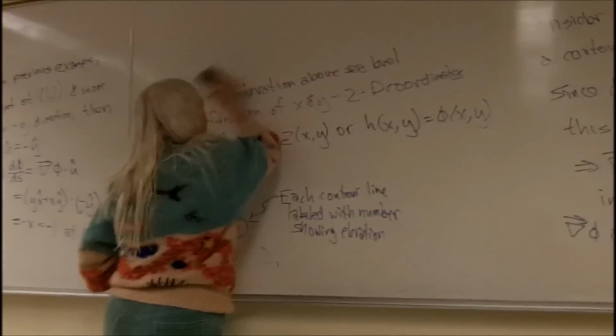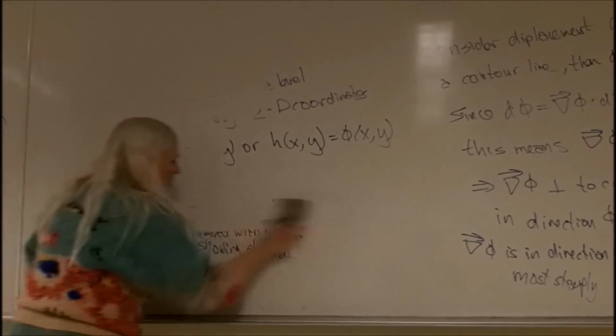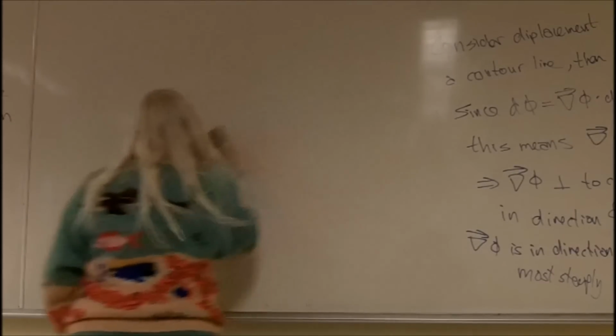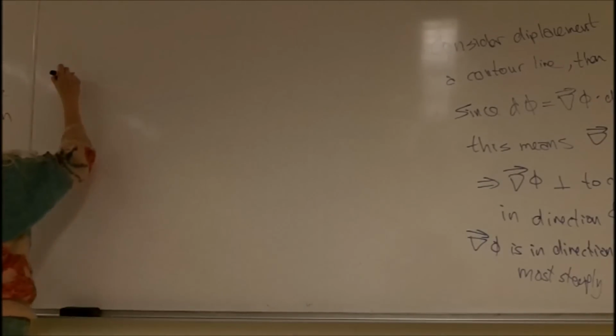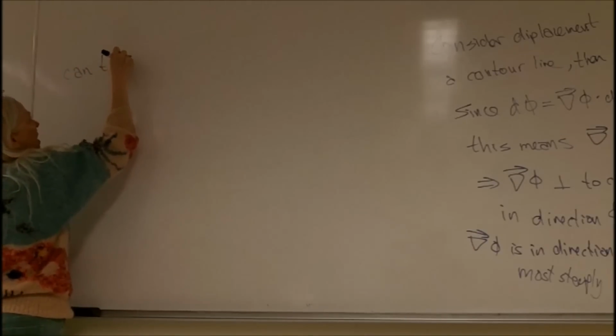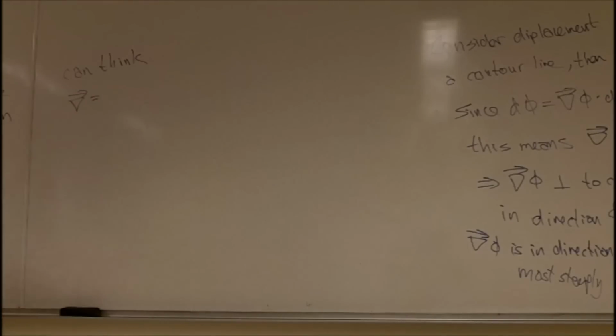Okay, well, the operator, the differential operator that we used when we wrote down the gradient, right, we wrote it as this quantity del, this triangle with an arrow over it.